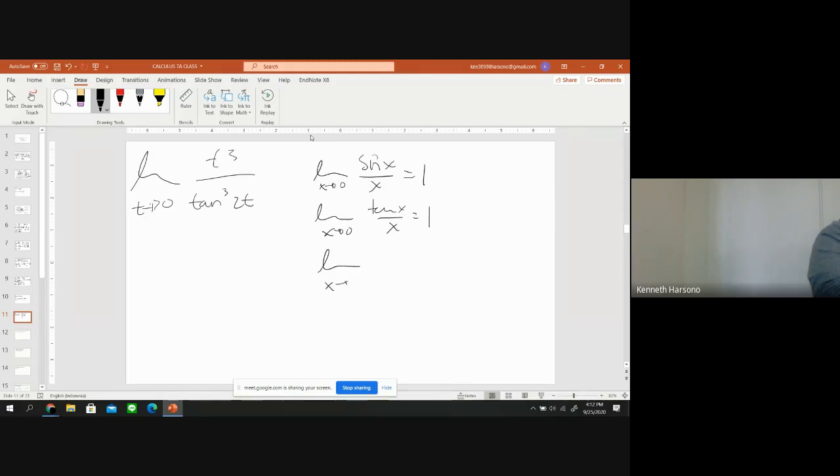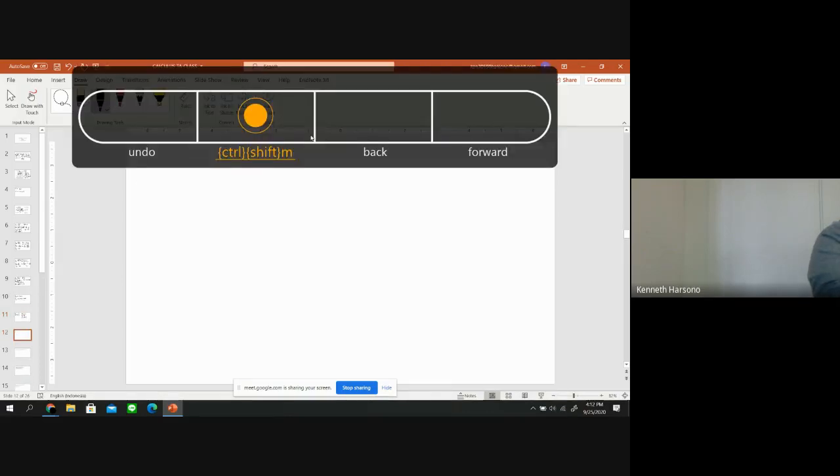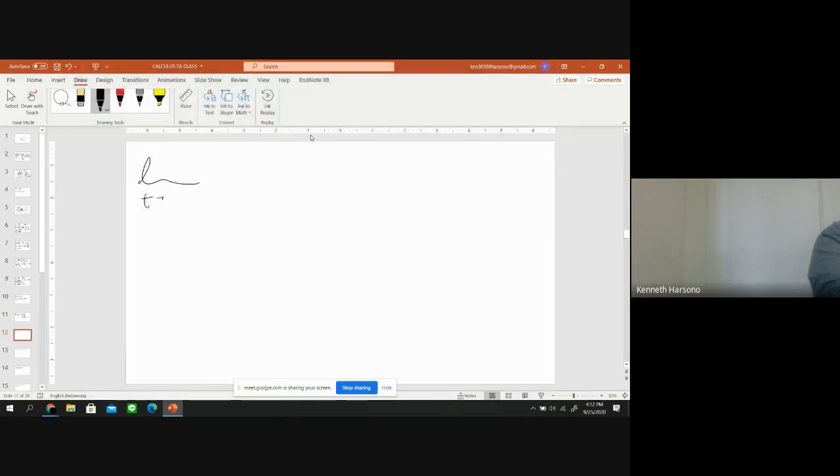Limit x approaching 0 of x over tan x is the same. It's equal to 1. So how can we get this from this problem? We can write it again.